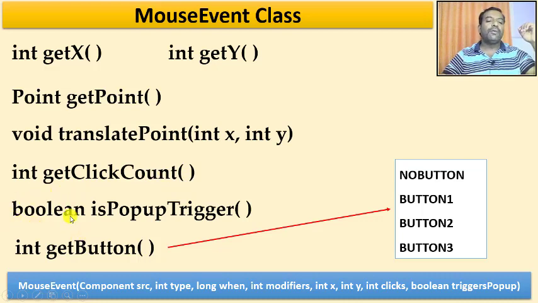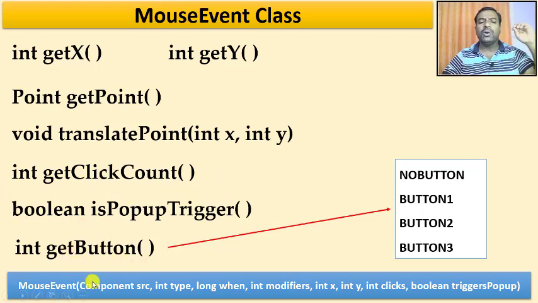And when I want to know whether the button has a menu or not, we are going to talk about the Boolean isPopupTrigger. If this method returns true, then there is a pop-up menu, or a list of values, from the mouse button. If it returns false, there is no such menu.